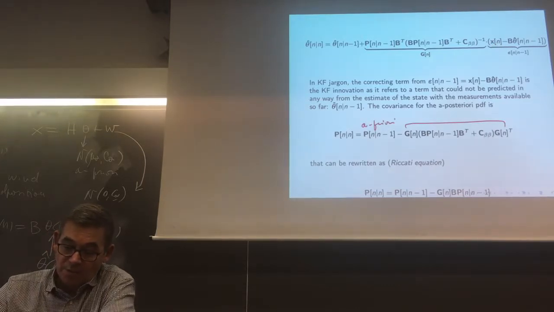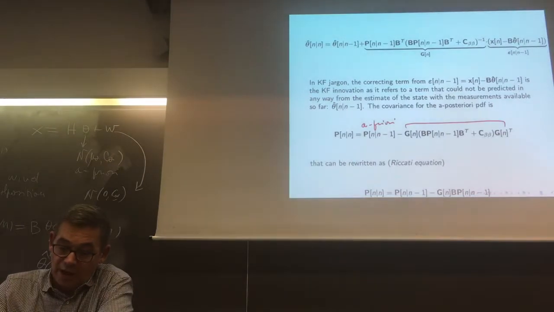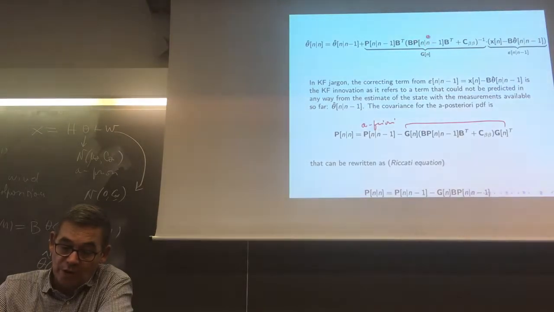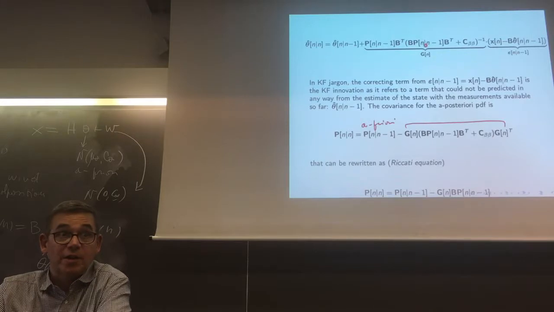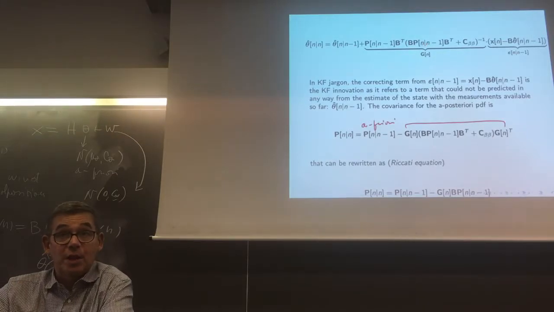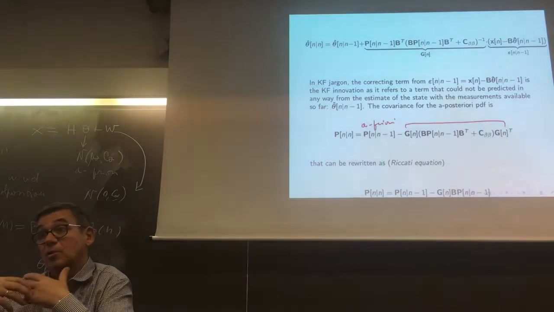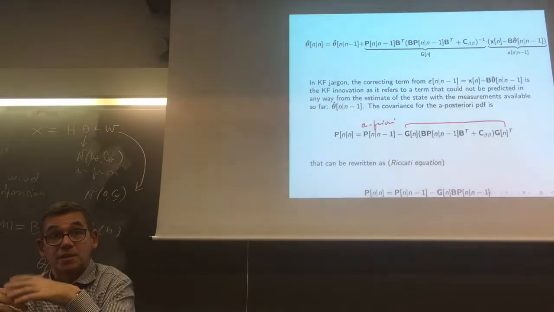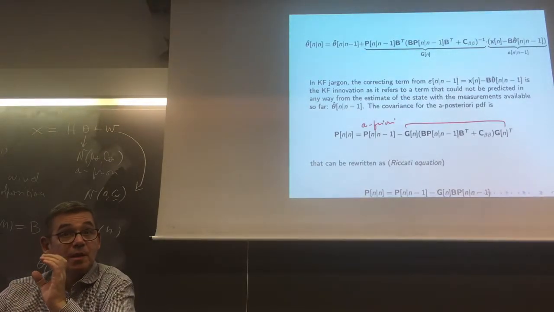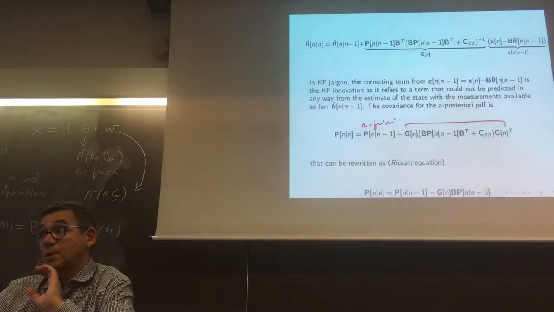And at every iteration I need to invert this. And this one is coming from the a priori covariance, which might be variable. And so because of that, I need to update my gain step by step. And this is the most time consuming part.